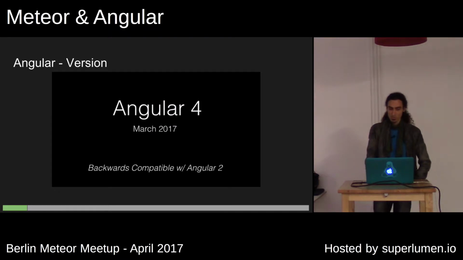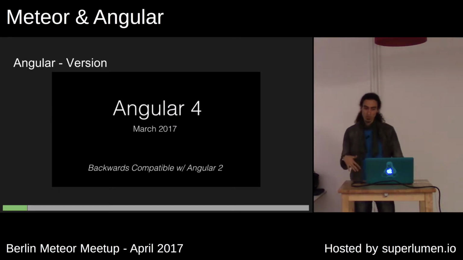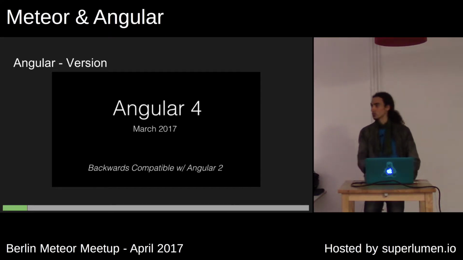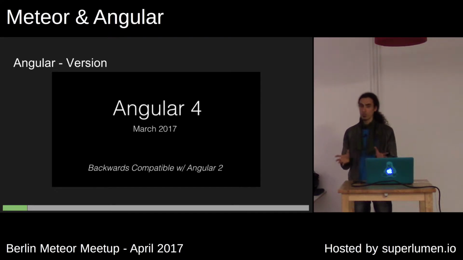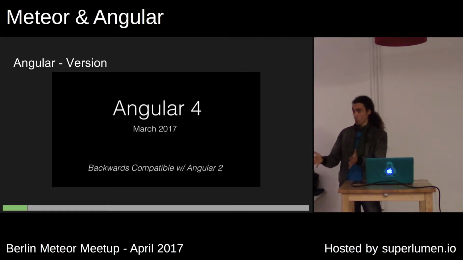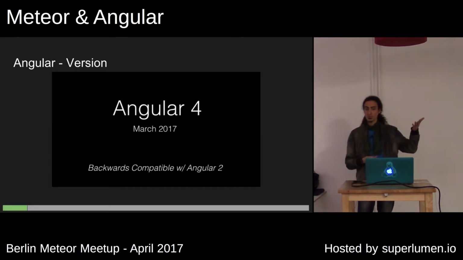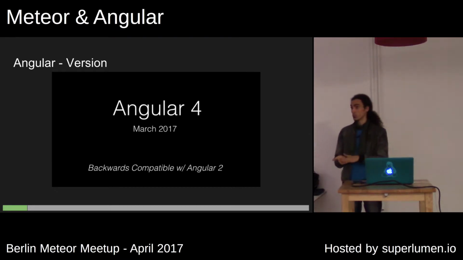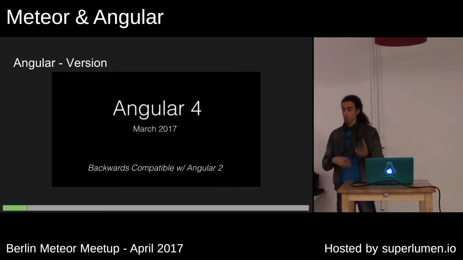Okay, so about the version thing. Right now, we're in Angular version 4, and the whole framework is called just Angular. The reason it caused confusion was because there was a huge rewrite going on between Angular version 1 and Angular version 2. It was like rewriting from scratch. Now I might get the idea that if I had some Angular 1 code, I would have to rewrite my whole app or a lot of it to upgrade to the next version.